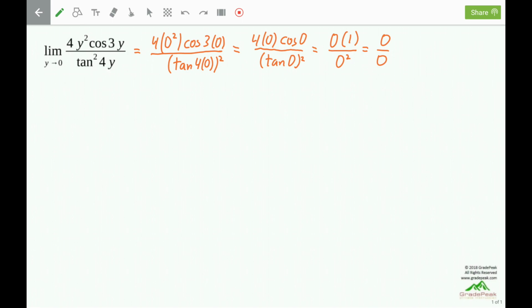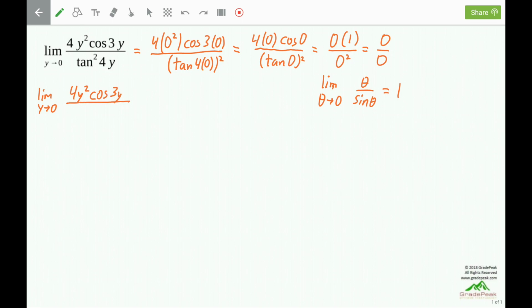Since this is resulting from trig functions of different phases and power functions, we can make use of the identity: limit as theta goes to 0 of theta over the sine of theta equals 1. In order to make use of that identity, we have to rewrite the non-sine cosine functions into sines and cosines.